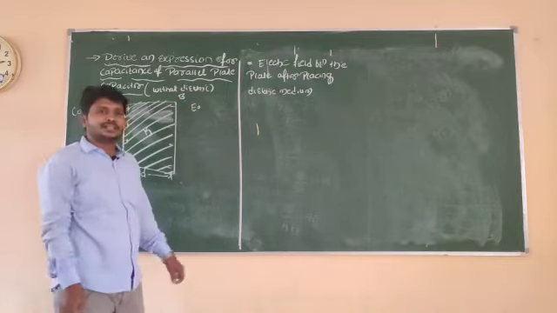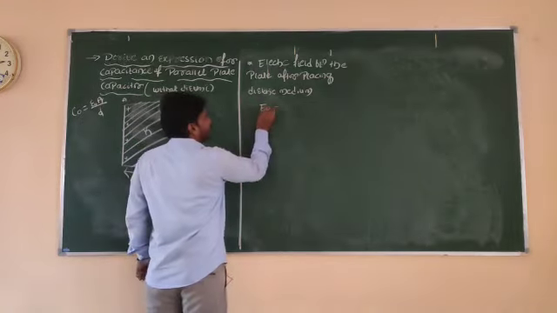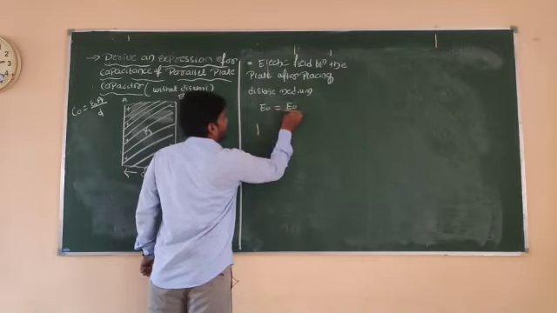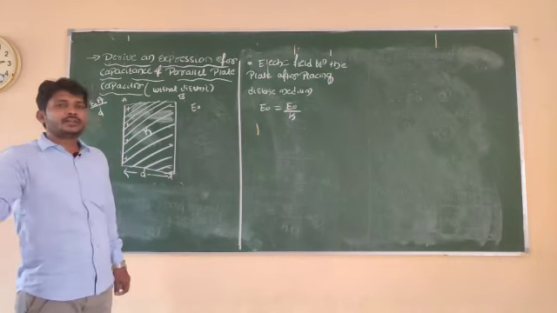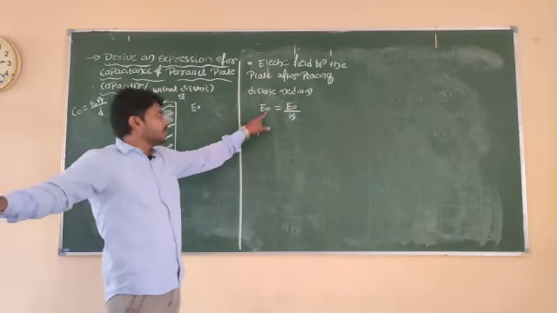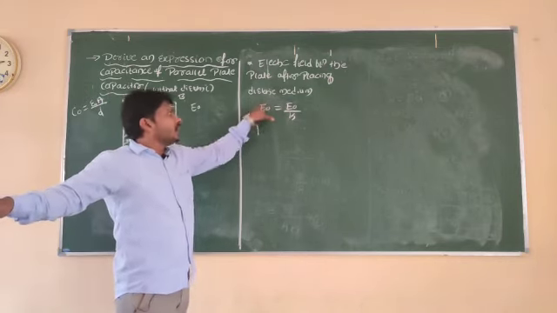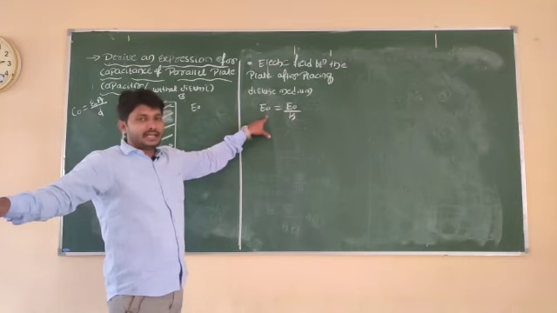Then E naught changes to E naught by K times. So the electric field is inversely proportional to the dielectric constant. So E is equal to E naught by K after placing a dielectric medium.